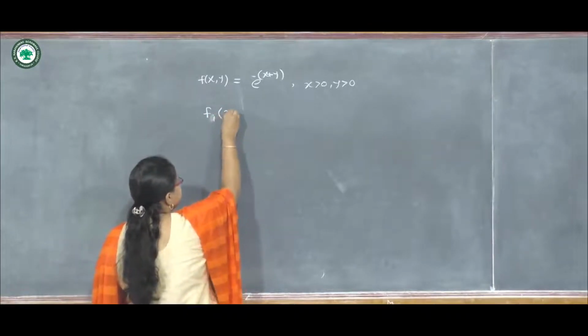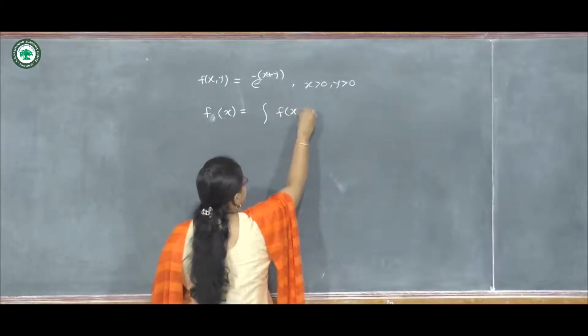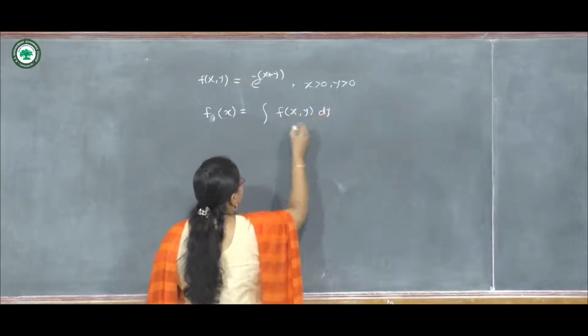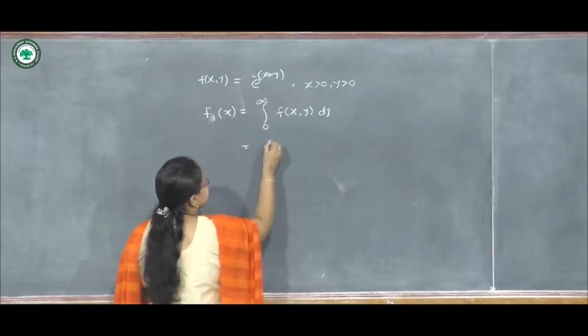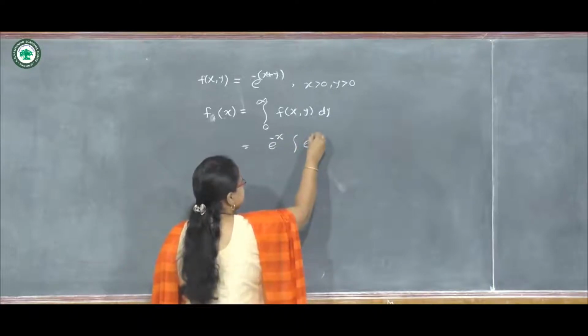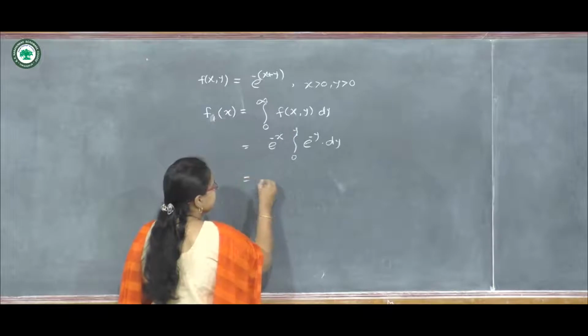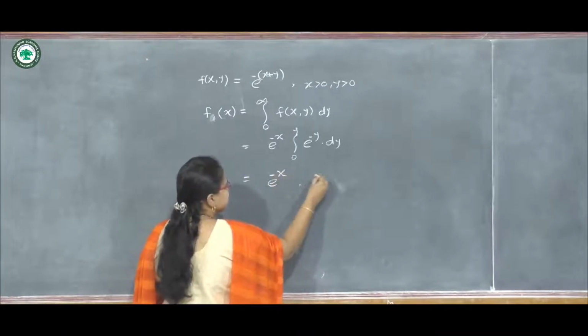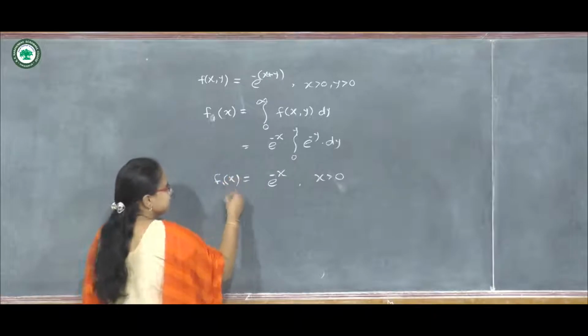So f1(x) can be calculated by integrating with respect to y. Here the range of y is from 0 to infinity. So e raised to minus x is a constant. So here we can see that this is the marginal PDF of x.